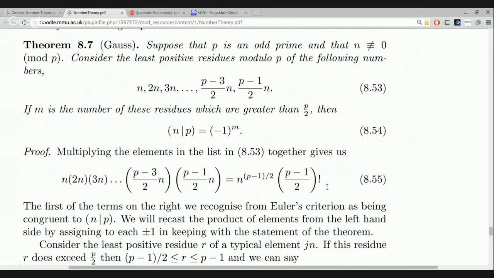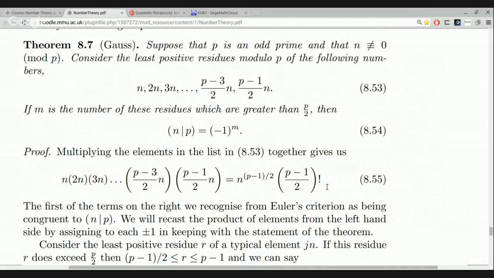What we're going to do is set up all these multiples of 5, going all the way up as far as p minus 1 over 2. P minus 1 over 2 is 6. So we're going from 1 times 5 all the way up to 6 times 5.